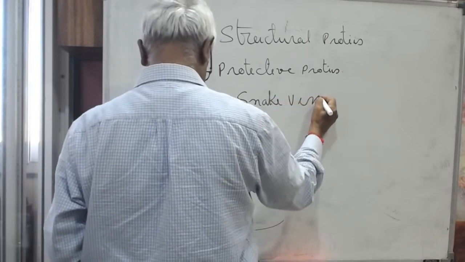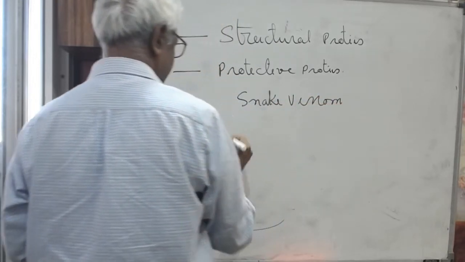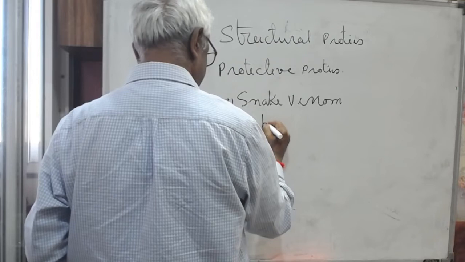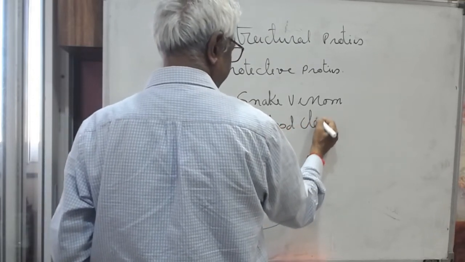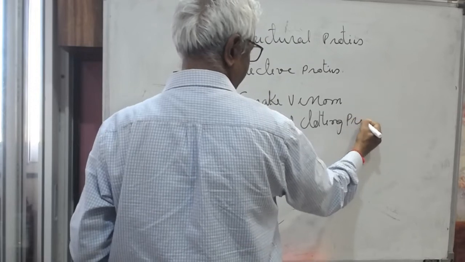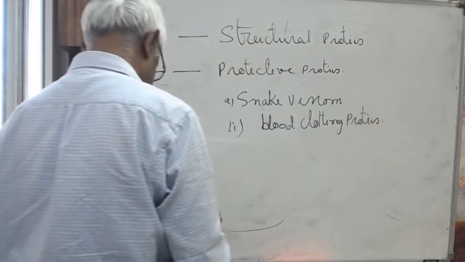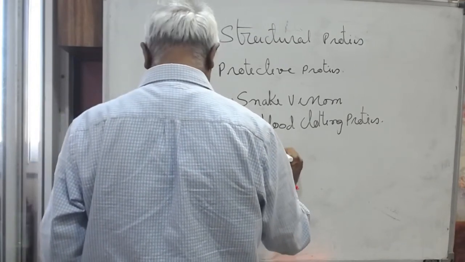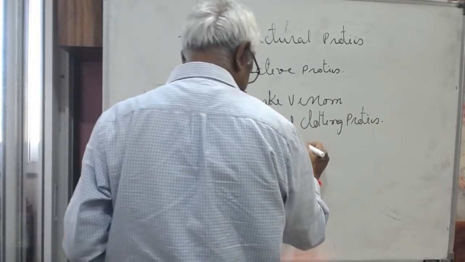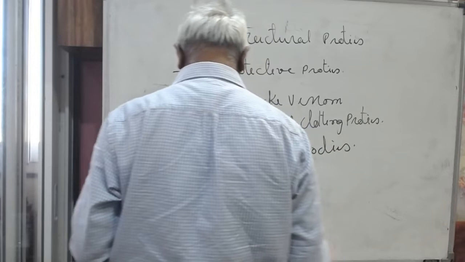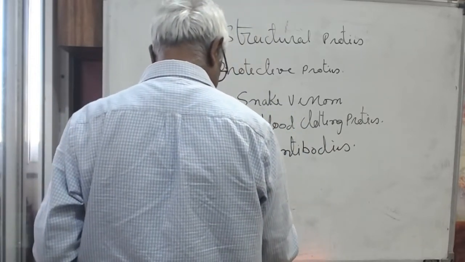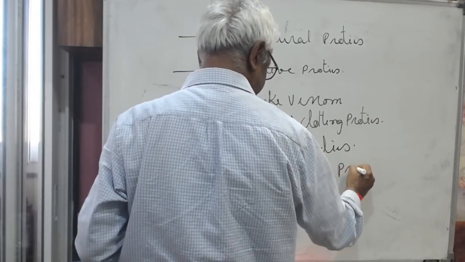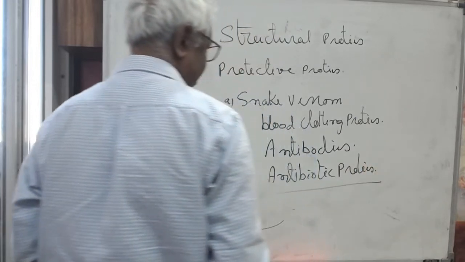Snake venom is a protective protein, and blood clotting protein, and some proteins act as antibodies, and some act as antibiotic proteins. Different proteins in different applications.